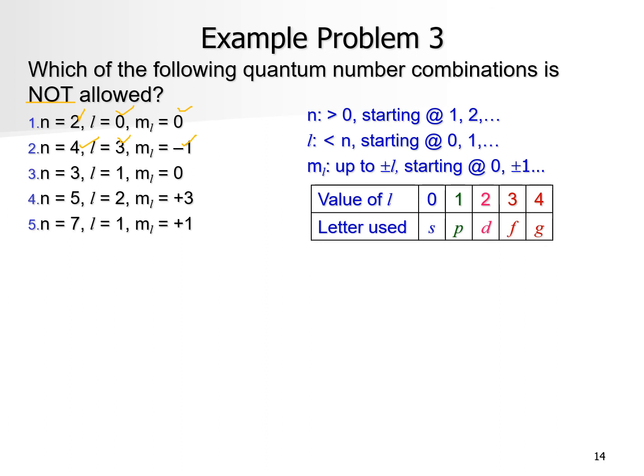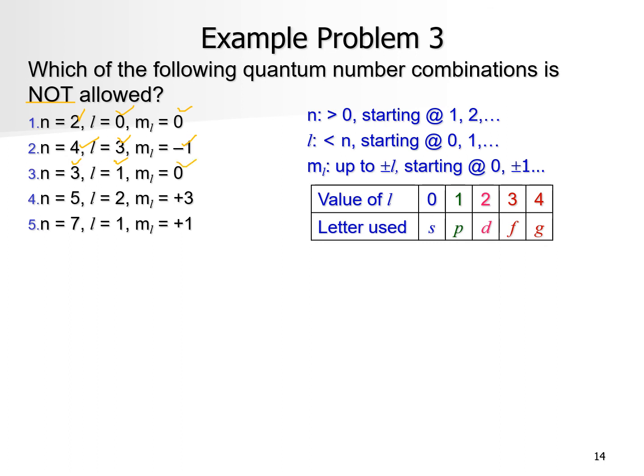The third choice, n equals 3, that's good. L equals 1, less than 3, that's good. M sub L, 0, and 0 is one of the M sub L values that is allowed if L equals 1, because it could be 0, plus 1, minus 1, so that's good.